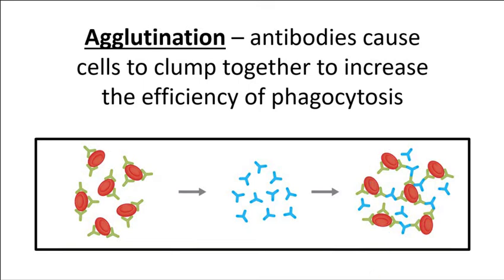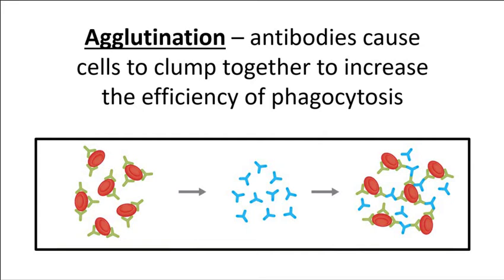Now, the difference between this and precipitation is that by clumping together here, it actually makes it more efficient for phagocytosis to happen, which, remember, is those macrophages, those big white blood cells coming to eat and destroy the cells.